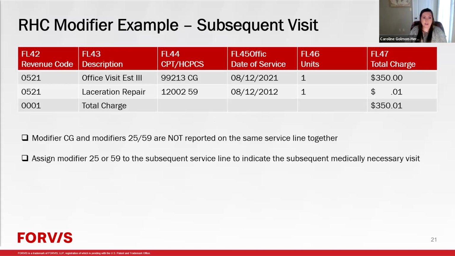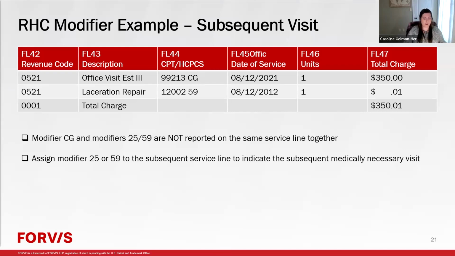So again, looking at it, we'll talk about a couple of things on this slide as well. Just as an RHC modifier example, from the subsequent visit, the 99213 is there with that CG modifier. And the subsequently medically necessary visit is there with the modifier 59 appended.